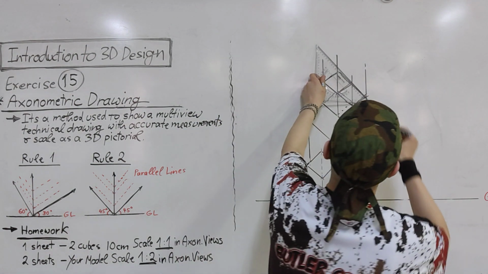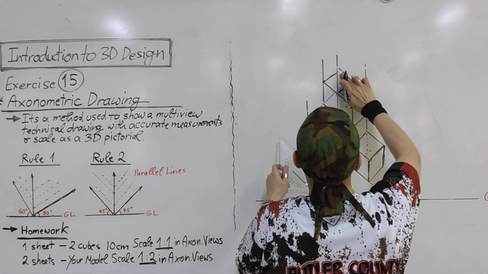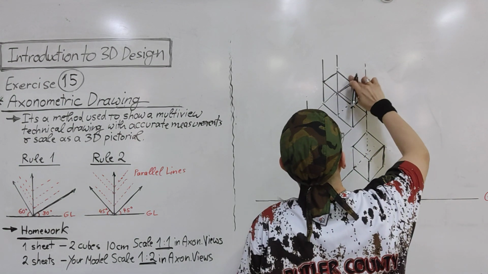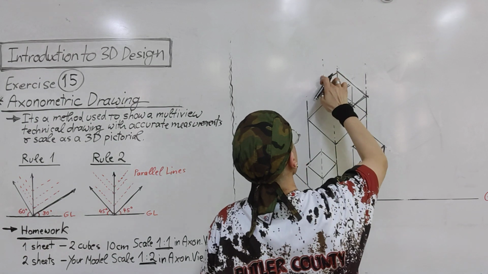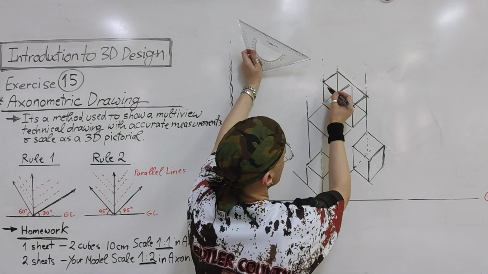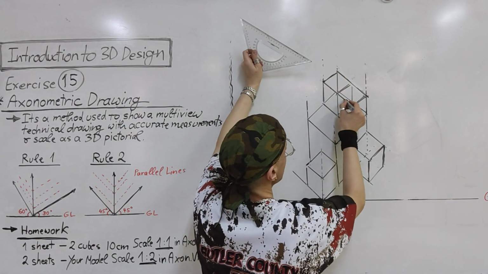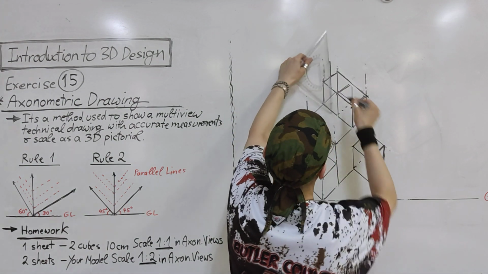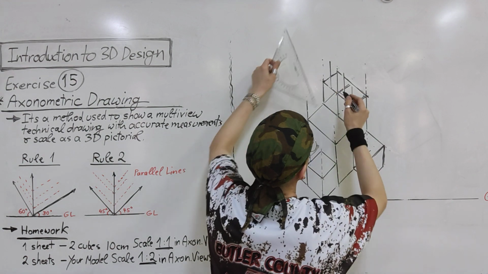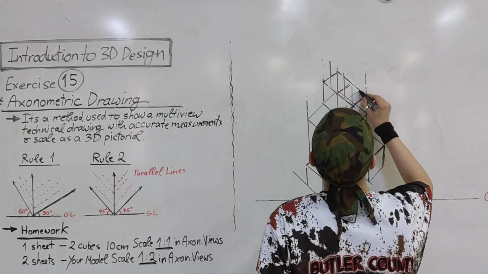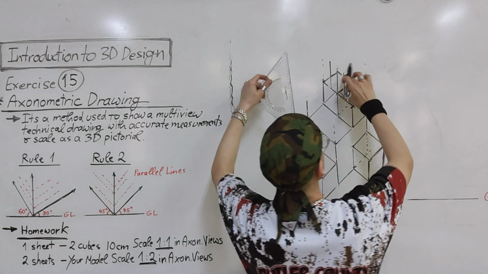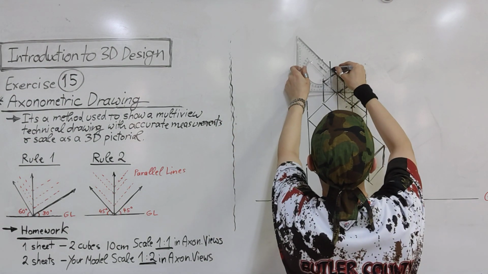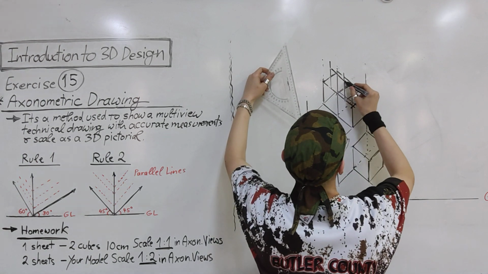And then we have one cube in the middle. Exactly in the middle from here, exactly in the middle from here. This should be 5 centimeters. Again, up, up. And this should be 5, 5. Everything should be 5. Lines parallel to each other.